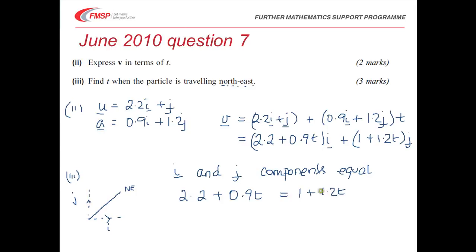That's the only way it can be travelling northeast. Just simplifying that, we'll have 1.2, then we'll take the 0.9 across, and that gives us 0.3t. Dividing through, we get t equals 4. So at 4 seconds, the particle is travelling northeast.